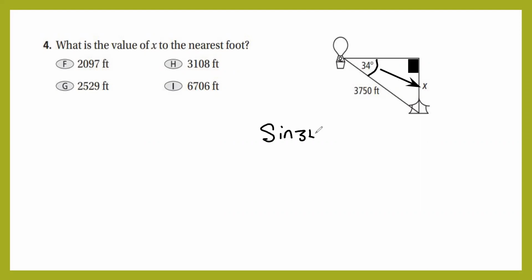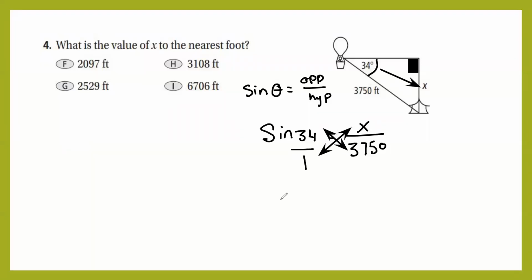Sine 34 equals opposite, which is x, over the hypotenuse. The sine rule: sine theta equals opposite over hypotenuse. So this is the opposite, which is x, and the hypotenuse, which is 3750. Now you can use the cross product.